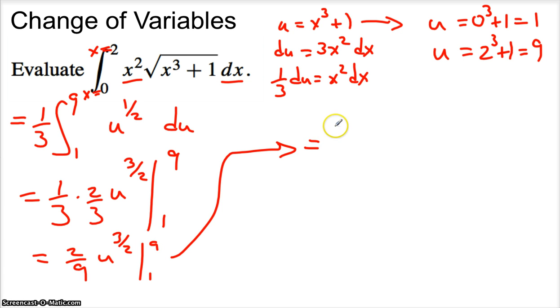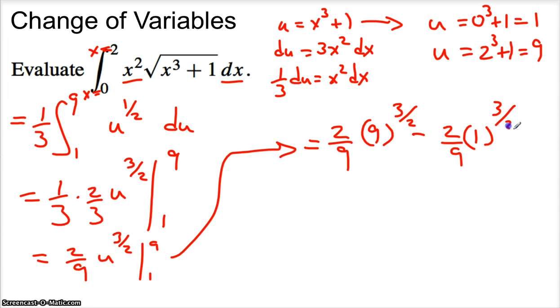Okay, so this becomes 2 over 9, u is equal to 9 to the 3/2 minus 2/9 1 to the 3/2. So you could use a calculator here if you want, but you don't really have to.